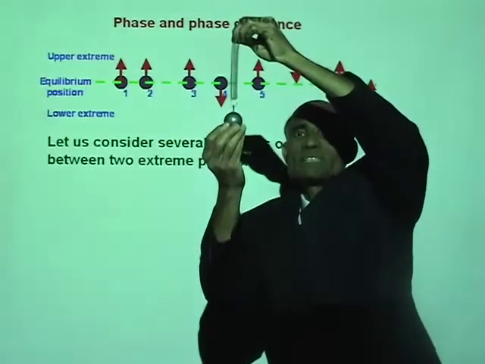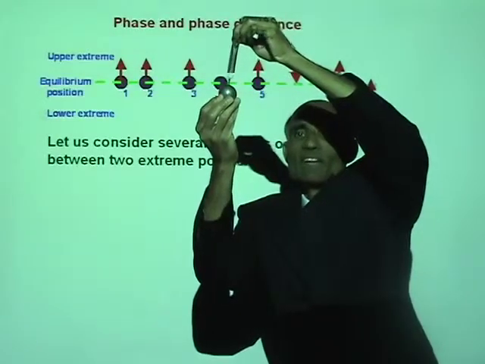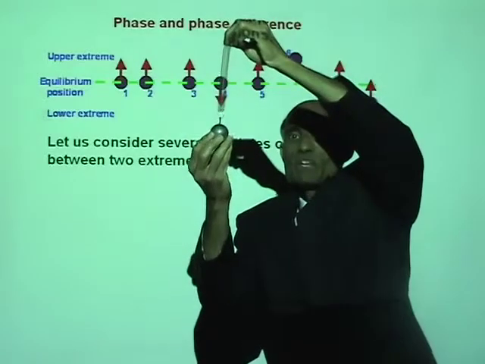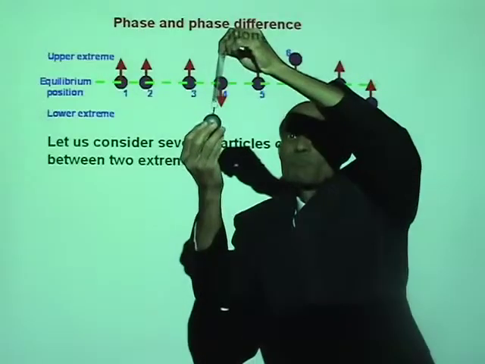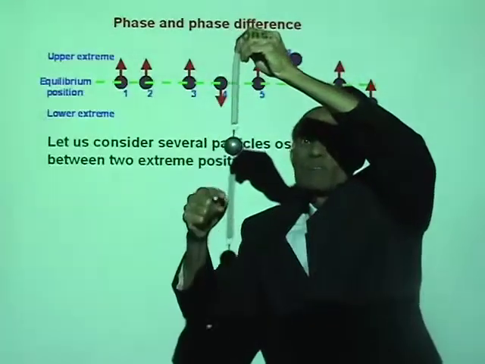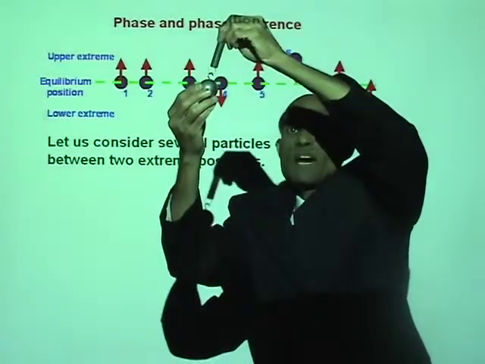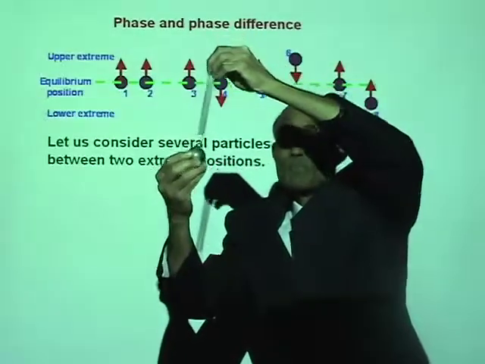Now, when it is taken to an upper extreme, it comes back to the normal position, then it goes down to a lower extreme, it comes back to the normal position, completing one vibration. So a vibration happens between an upper extreme and a lower extreme, right?